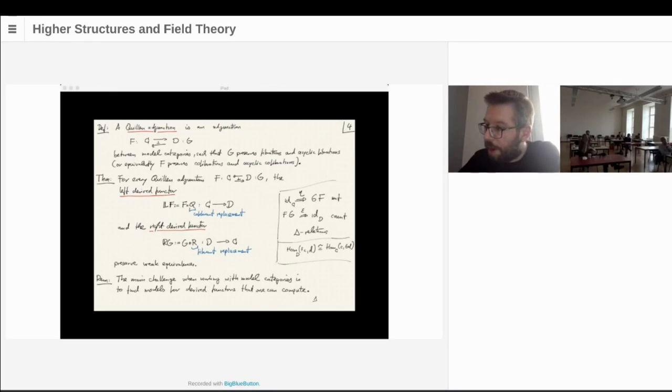So this is again a functor from C to D like F, but this functor is better because it preserves weak equivalences. And you can also define a right-derived functor, RG, you get by precomposing G with a fibrant replacement functor.